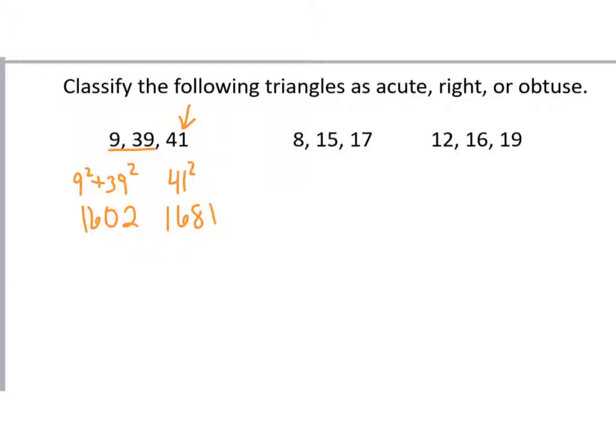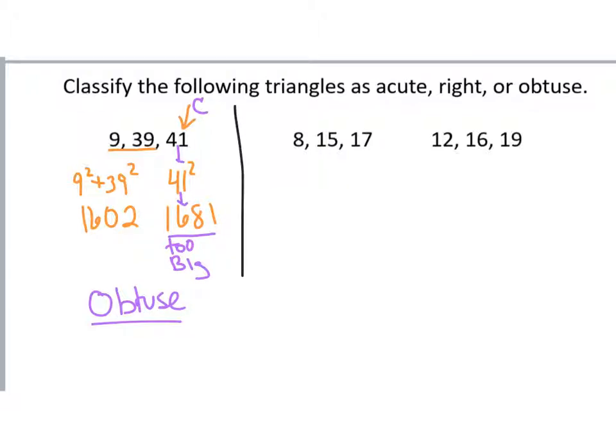So when I look at the right-hand side, the one that is supposed to be the C, so this, remember, is supposed to be my C. When I look at the side that's supposed to be C, it's bigger than the other side, so that means it's too big, which means this triangle would be obtuse. Okay?